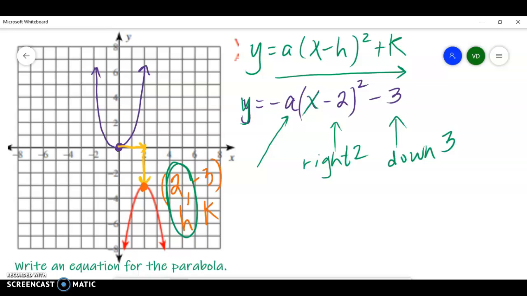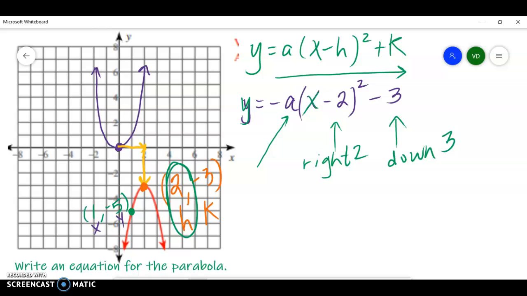Not my original curve, not my X squared, but this one down here in red, where it was transformed to. So I'm just going to pick a good point. I'm going to say 1, -5. Then I'm going to label that as my X and my Y, and that is what I'm going to use to help me solve for A.